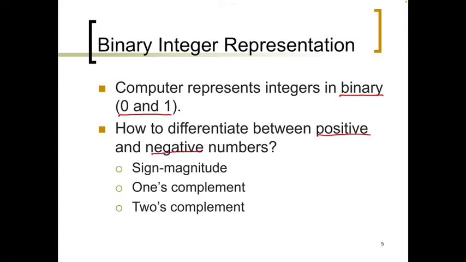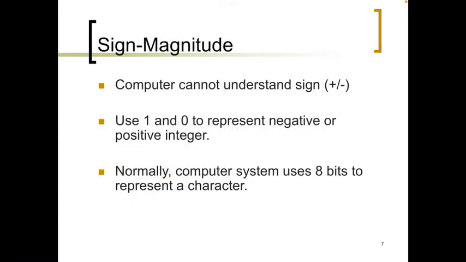As I mentioned before, positive and negative number, in the world of computing or computer, we use first sign magnitude, one's complement, and also two's complement. We will go one by one on these techniques. Don't worry about this. We go to our first technique, called sign magnitude.